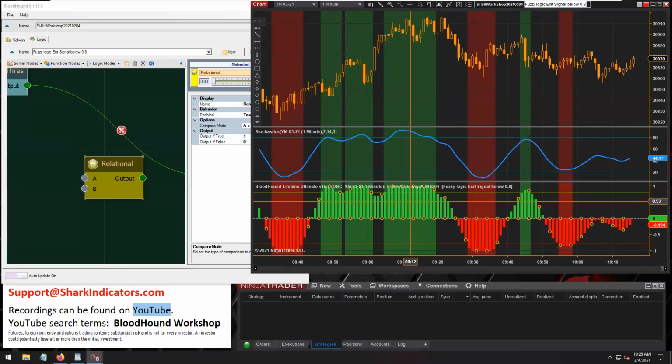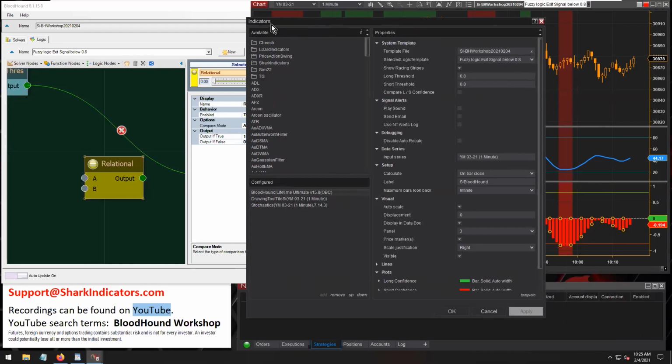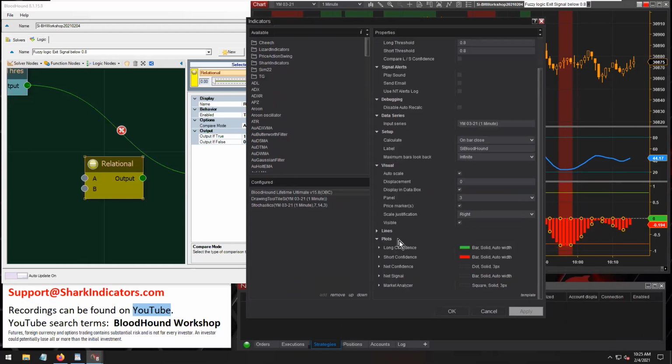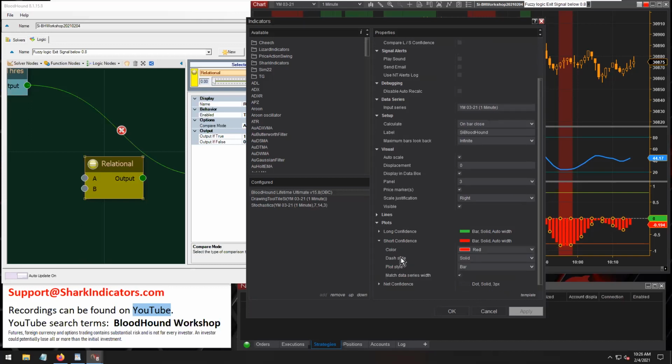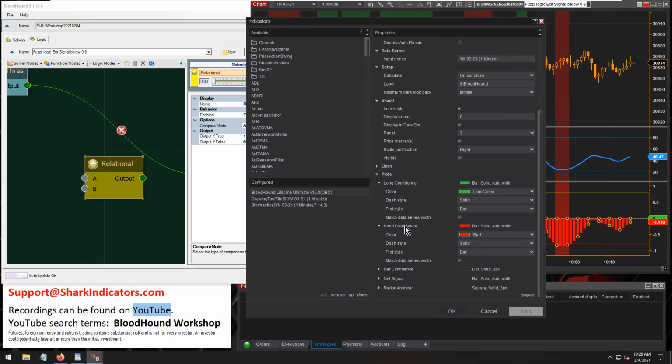So let me open up the indicator window for a moment. Keep in mind that there is a short plot and there is a long plot. These are two separate plots, and so these are two separate calculations.